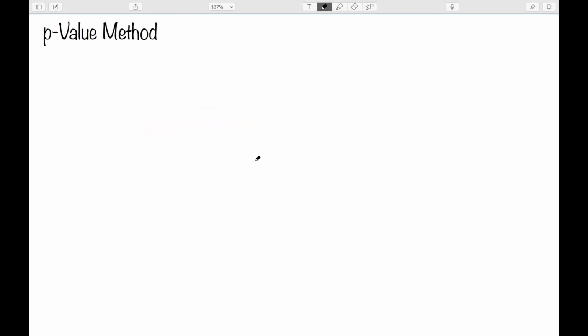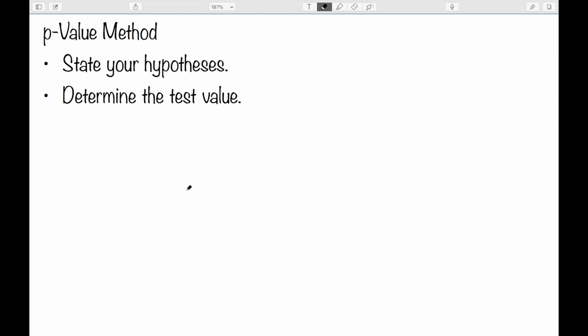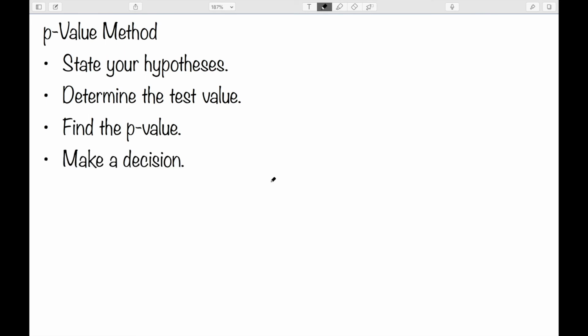The second method is known as the p-value method. The first step to the p-value method is to still state your hypotheses. We're then going to determine our test value just like we did before. We're then going to find what's known as the p-value. And then we'll make a decision.